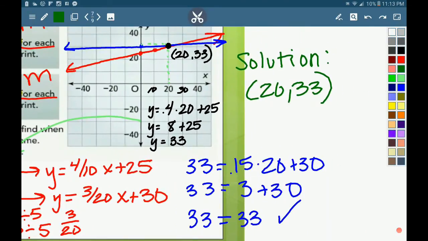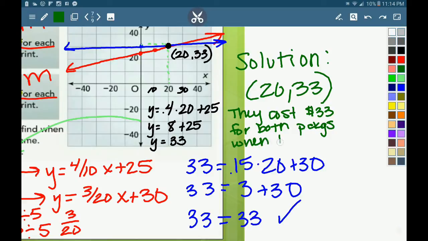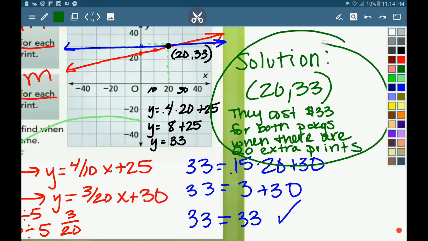So the point at which they're going to be the same, they cost $33 for both packages when there are 20 extra prints. Okay, so there's my coordinate answer and my real life answer to this question.